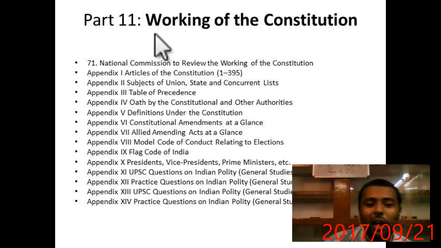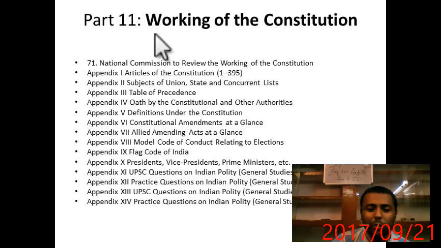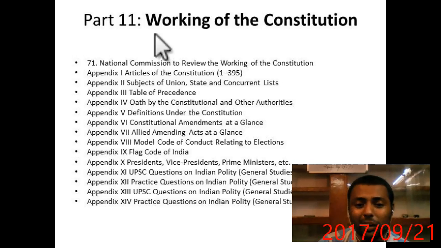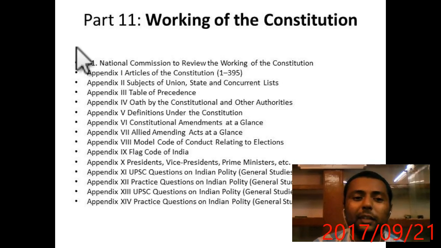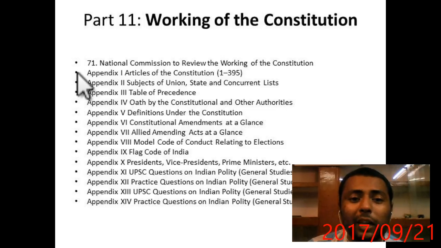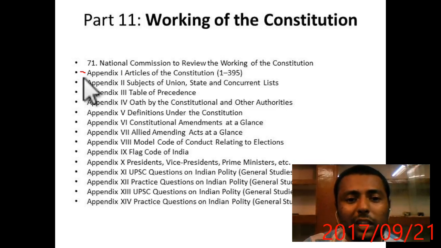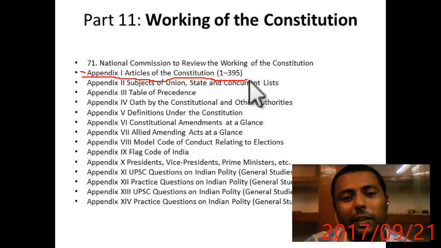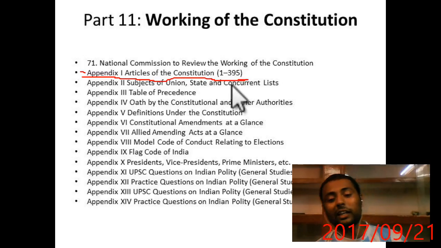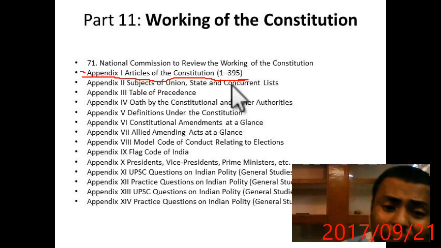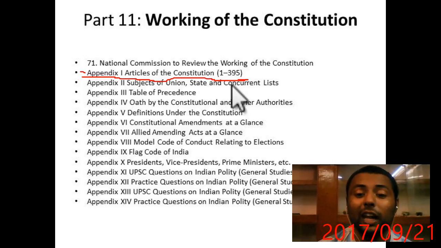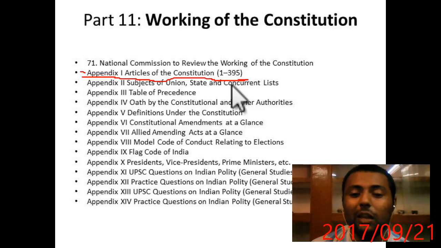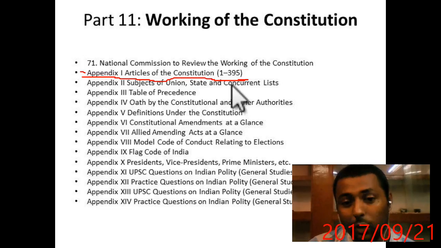Now you are saying, sir, you are saying to ignore each and everything, then what is important? The important thing is here. Appendix 1, the articles of the Constitution. It is the most important thing. The articles which are important, like articles 74, 75, 110, 112. Read the articles and all the provisions, means part 1, 1A, 1B, 1C.